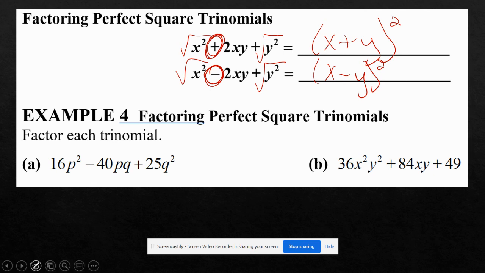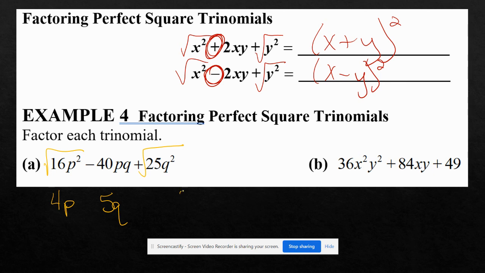So how would you use it if you wanted to? Well, I would start with square rooting the first and the last term. So the square root of 16p squared is 4p, and the square root of 25q squared is 5q. So the test is to see what is 4p times 5q.